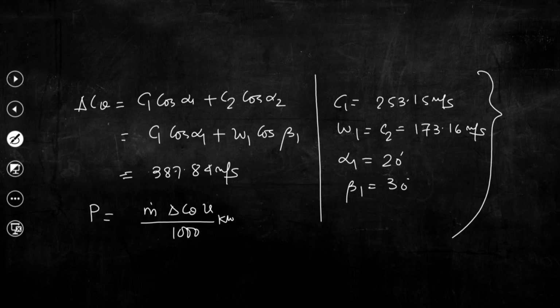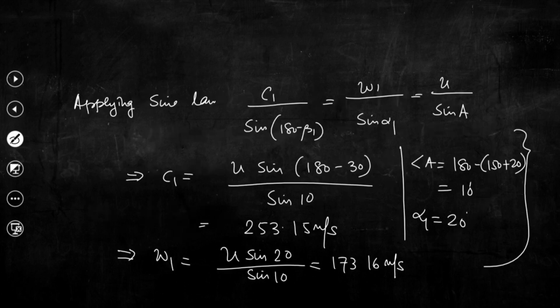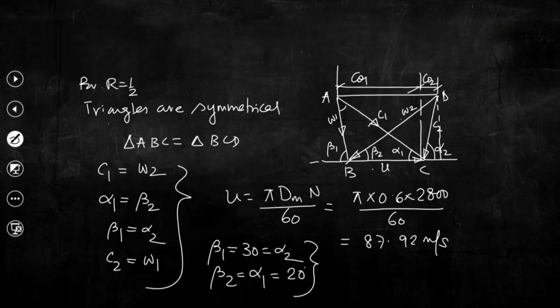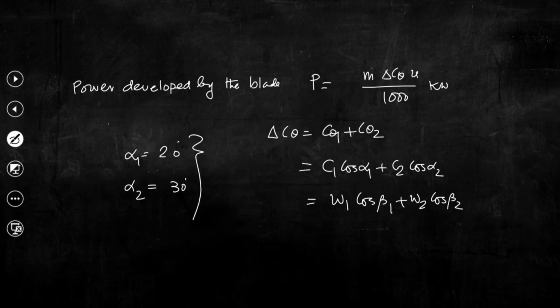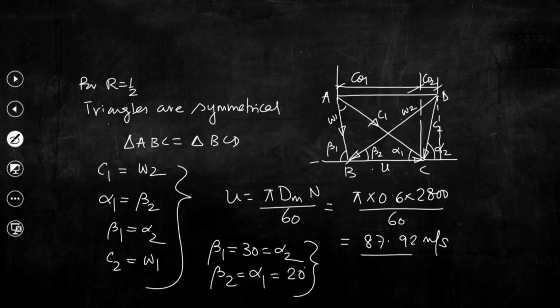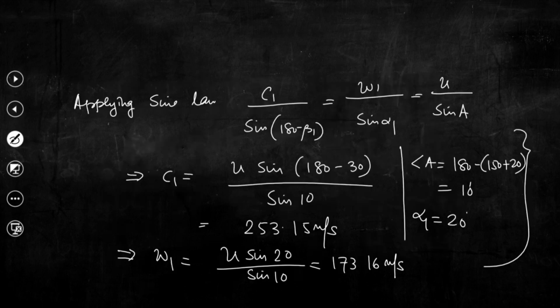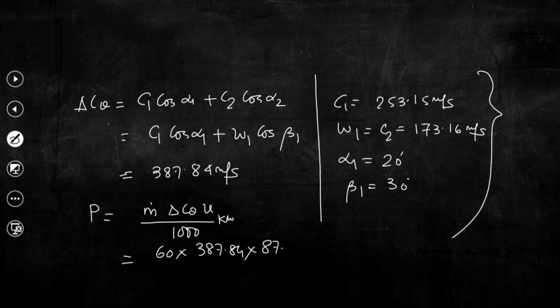So, what is U? 1000, and it is given. So, you can write this is 60 kg per second, delta C theta equal to 387.84, and U already we have calculated here, U equal to 87.92, right. So, we can plug in the value 87.92 divided by 1000 kilowatt, that you can check also.